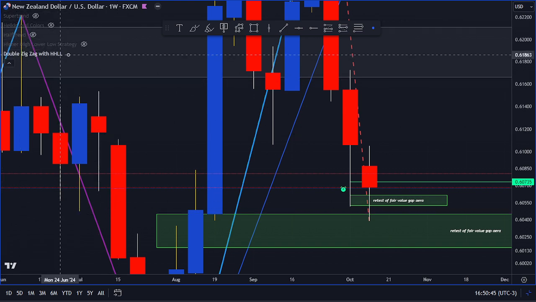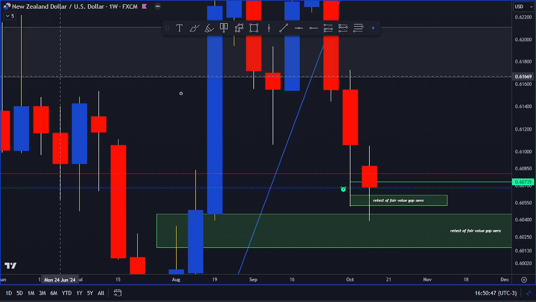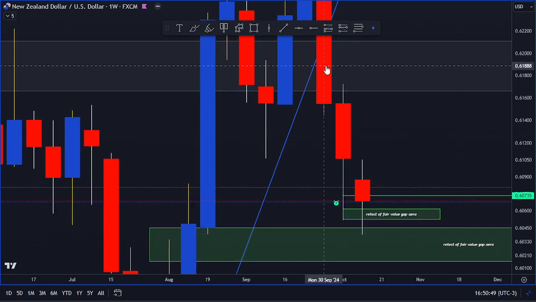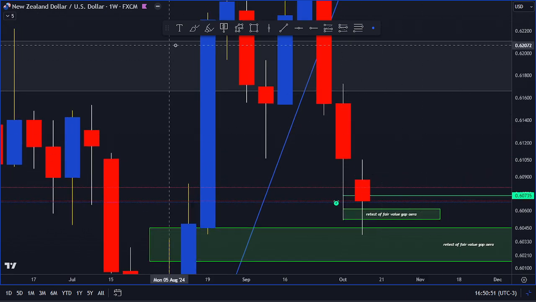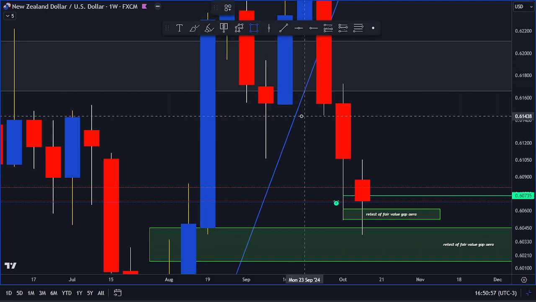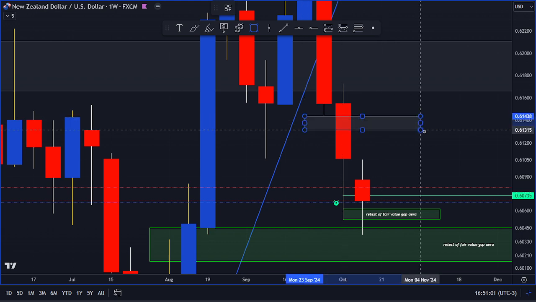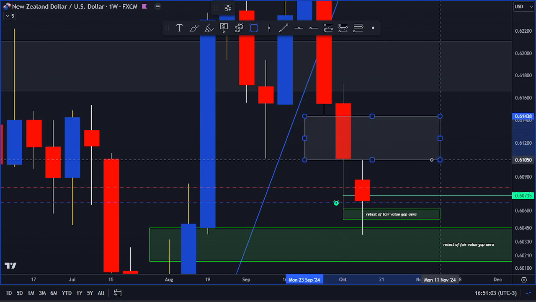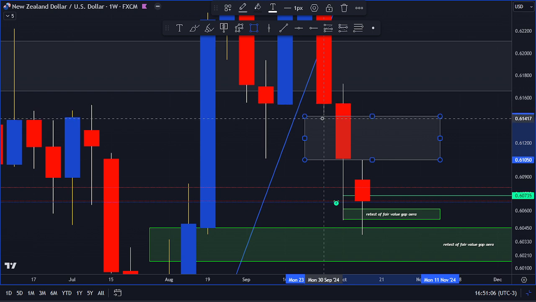Let me close my indicator. I have the first candle, 1, 2, 3, and I can clearly see how the market created this fair value gap, right here, between this candle and this candle.